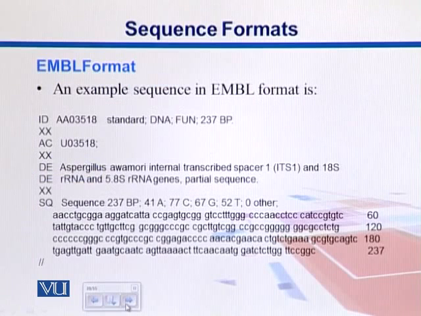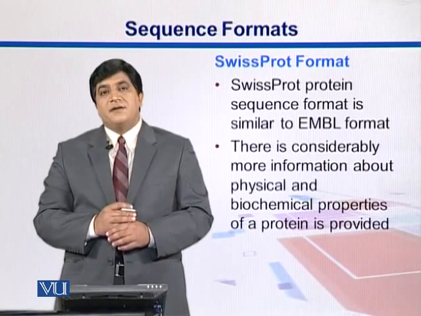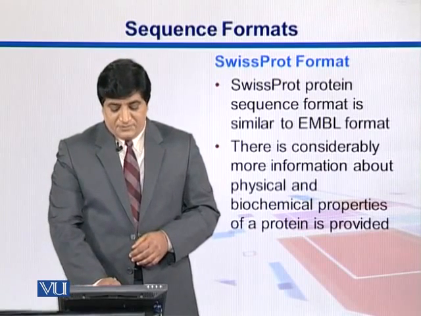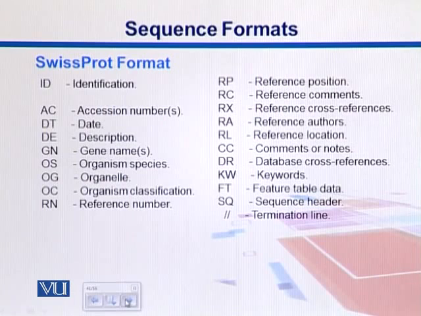Now EMBL format is similar to GenBank format. We have ID, we have accession, we have descriptions represented as DE, and then the sequence starts where the word SQ is there, and then we have a pretty similar line as we have seen in the previous example, and the sequence ends with double slashes just like GenBank. SwissProt is similar to EMBL, except there are some more descriptions and some more letters, so we have plenty of them.